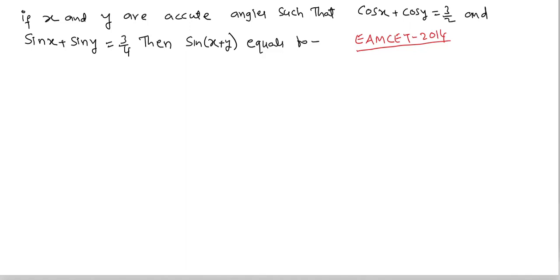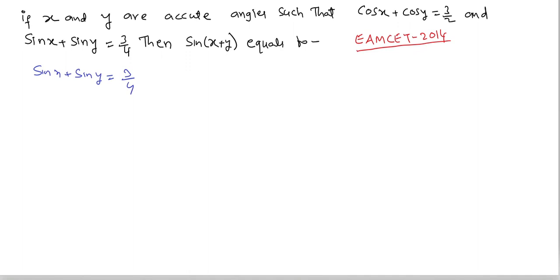If x and y are acute angles such that cos x plus cos y is equal to 3 by 2 and sin x plus sin y is equal to 3 by 4, then sin of x plus y is equal to dash. The 2014 question. Here it is given sin x plus sin y is equal to 3 by 4.